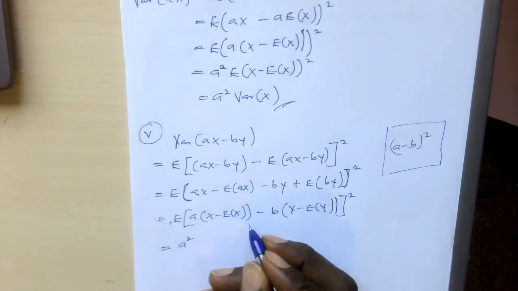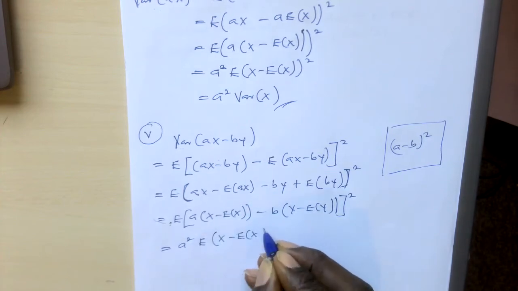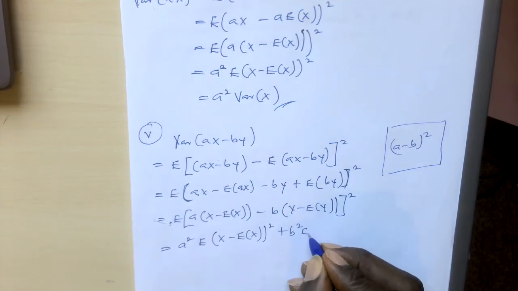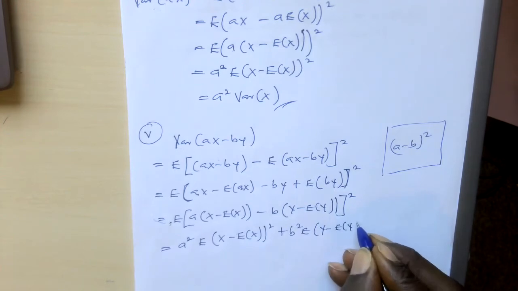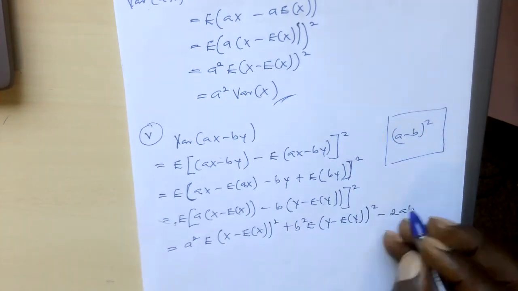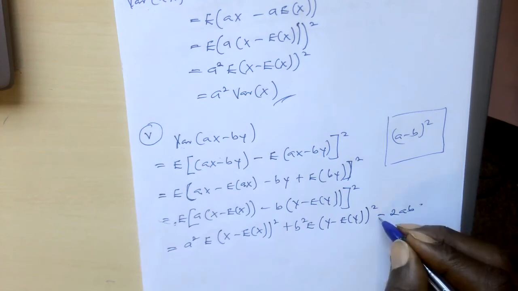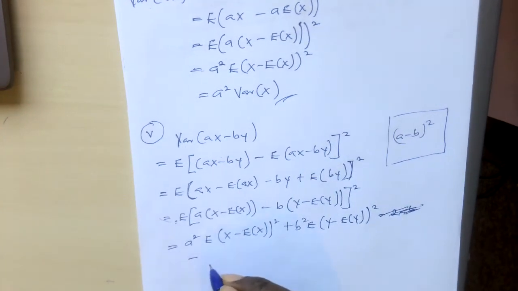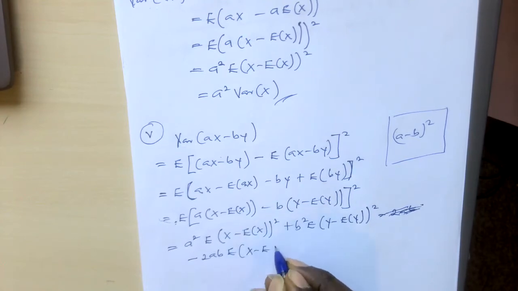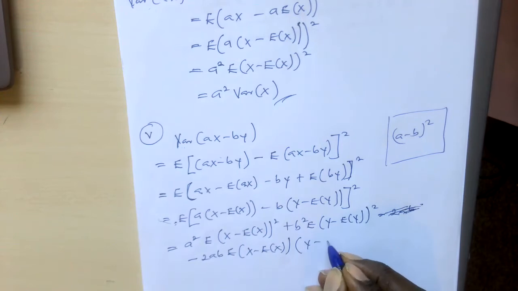So we have a squared, expected value of x minus expected value of x, all squared, plus b squared expected value of y minus expected value of y squared, minus 2ab, 2a times b, expected value of x minus expected value of x times y minus expected value of y, because that's the covariance.